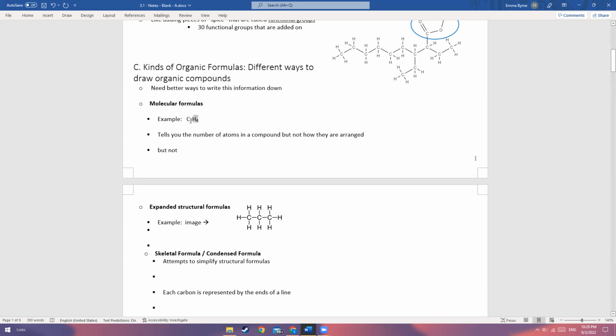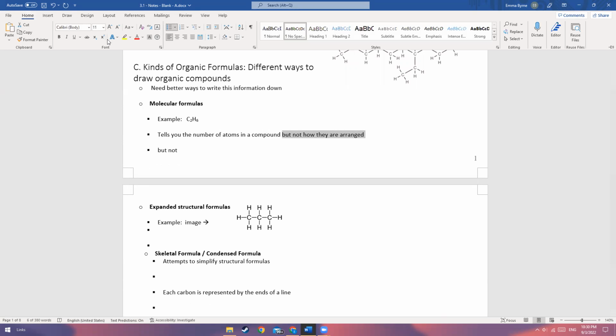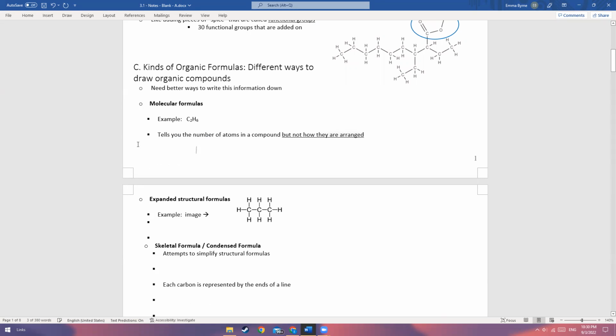So here we know that there are 2 carbon atoms, we know that there are 6 hydrogen atoms, but we really don't know how those are oriented, right? We could take a guess, but we don't know for sure. And this third bullet point here is a little redundant, not how they're arranged. So the first is molecular formulas. That's a way to draw an organic compound.